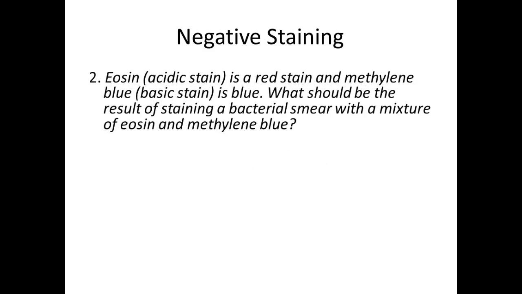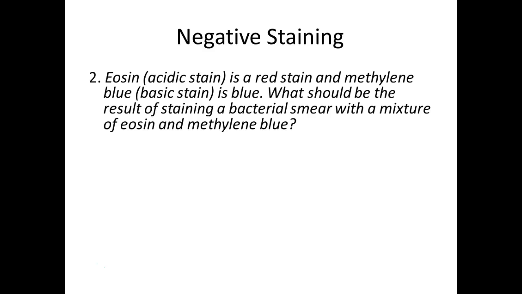So, they give you an example of if you use eosin, which is an acidic dye, so what charge? Negative. What's it going to stain? Background, right? And if you use methylene blue, which is a basic dye, so what charge? Positive.